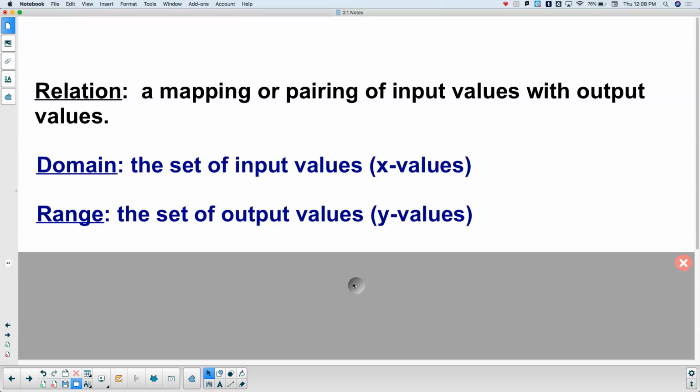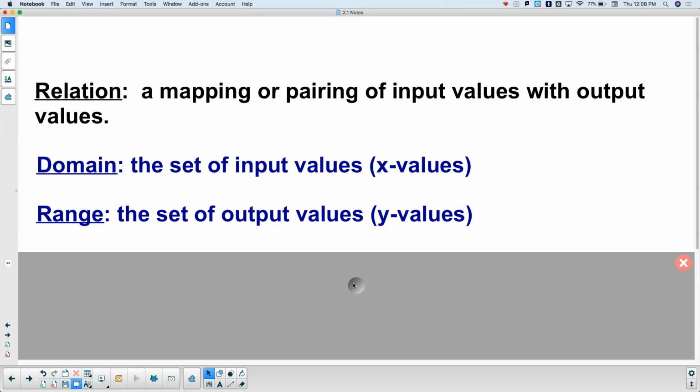Range is the output values. Okay? It's what you're going to get out of the function. So that's the results. So domain is what you put in. Range is what you get out. Now for us, that's going to be our y values, because we're going to graph stuff on the x, y coordinate plane.